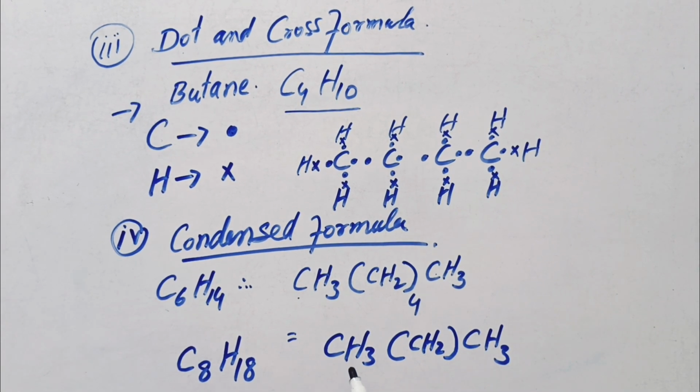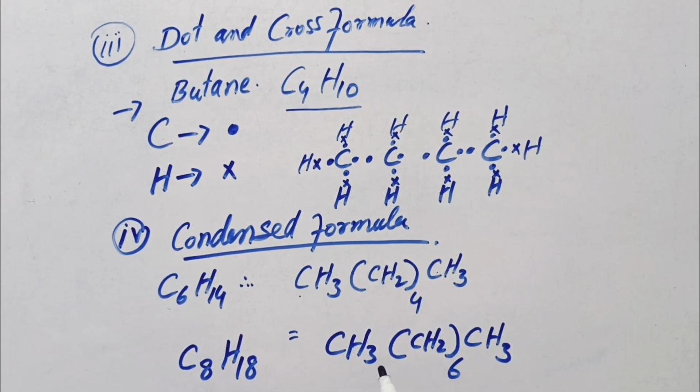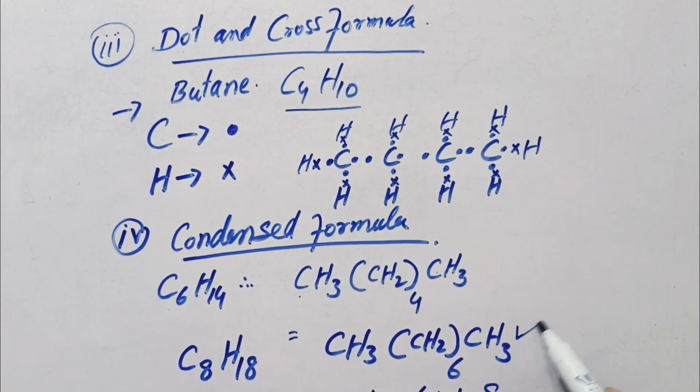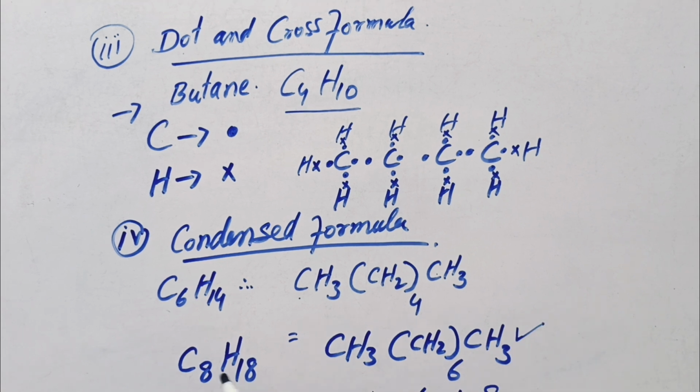Here we can see that there are 2 carbon atoms on each side of the bracket, and now we need 6 more carbon atoms. So we write here 6, completing the carbon atoms. So by completing the carbon atoms we automatically completed the hydrogen atoms too. So by this formula we can write and calculate the condensed formula of the compound.